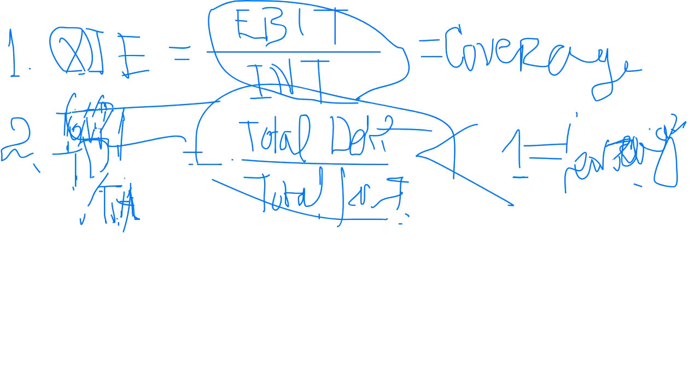Now, finally, we're moving on to the market valuation ratios. So I'm going to clear this. The first one is the price earnings ratio. The second one is the market price to book value ratio.